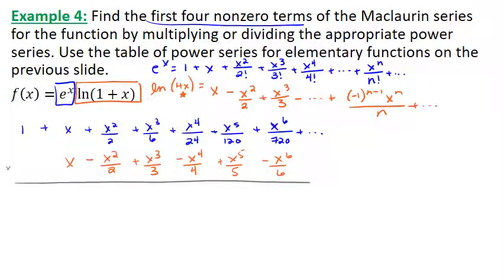So I have x times 1, which is x. X times x is x squared. X times this will give me x cubed over 2 plus, wait a second. Yeah, okay, so I suppose I can line these up.